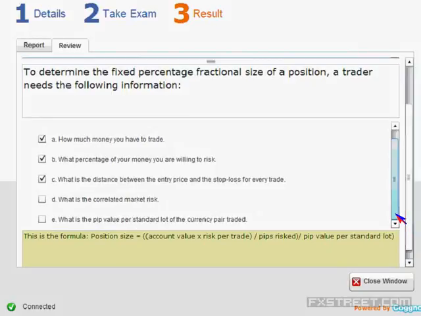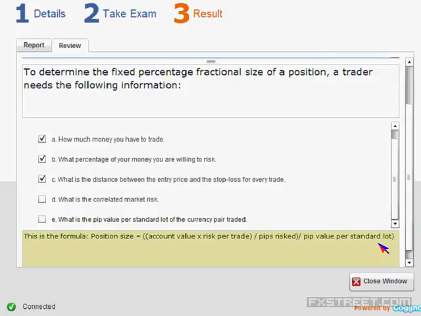This is the formula to calculate the position size. Usually we see this formula with the counter value, the risk per trade, and the number of pips risked, but we rarely see the last part of the equation, which is the pip value. If you want to fine tune your position size in any of the fixed fractional models, you should add the pip value.